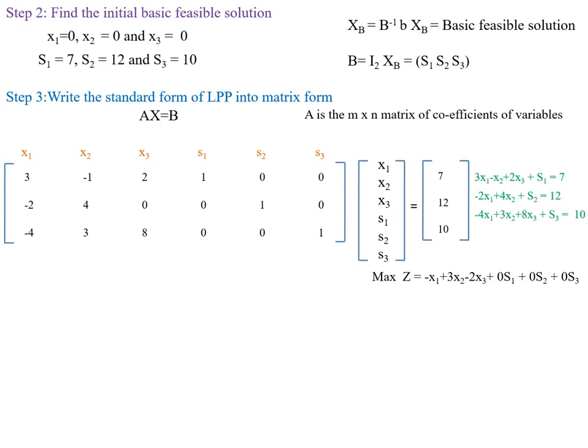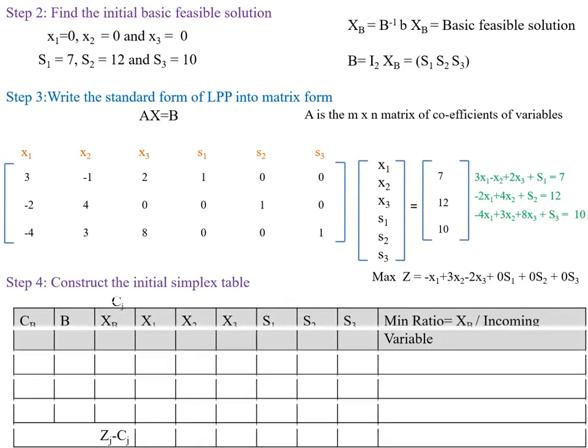The next step is to construct the initial simplex table. So this is the initial simplex table. Here Cj is the cost coefficient for the decision variables and slack variables, that is minus 1, 3, minus 2, 0, 0, 0. And Cb is the initial coefficient for the basic slack variables.